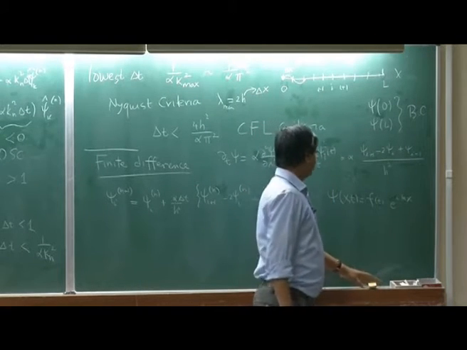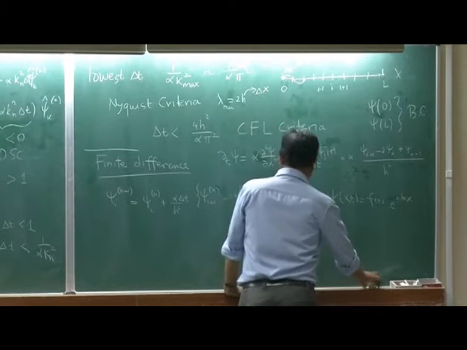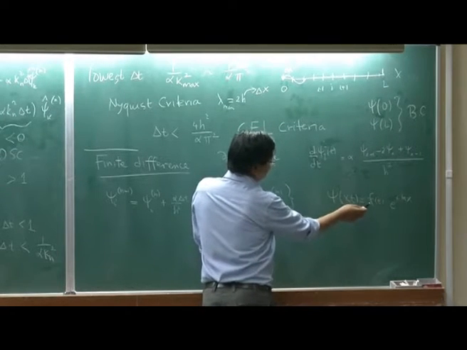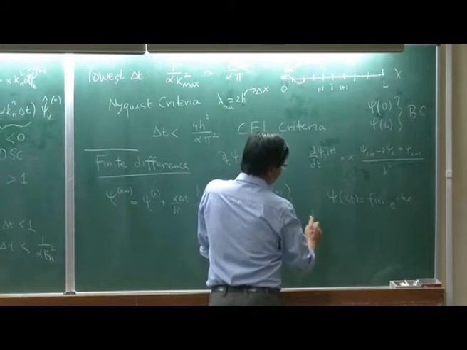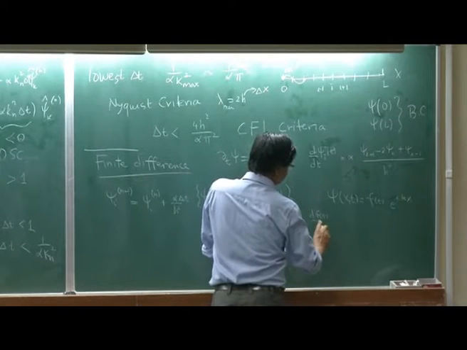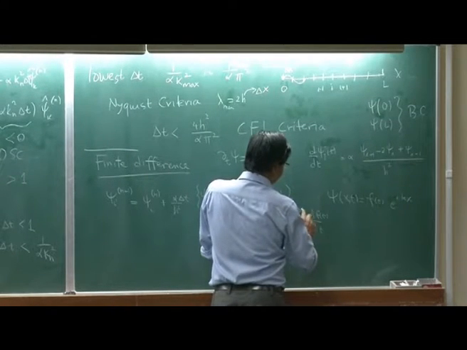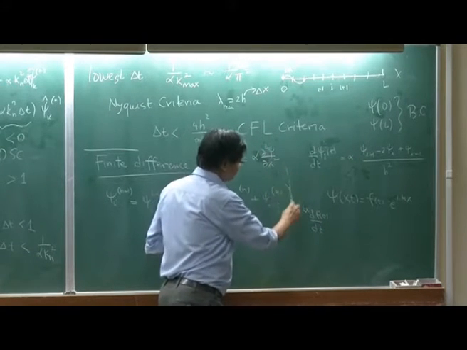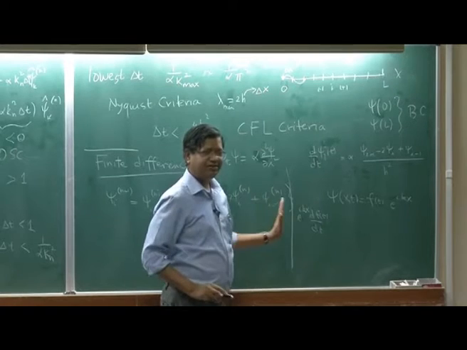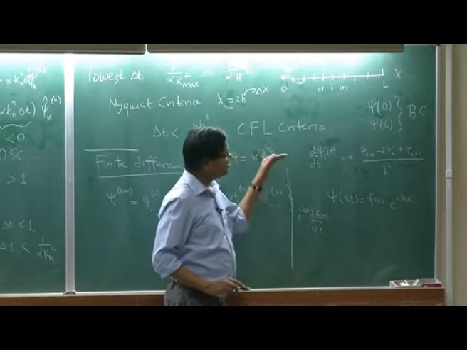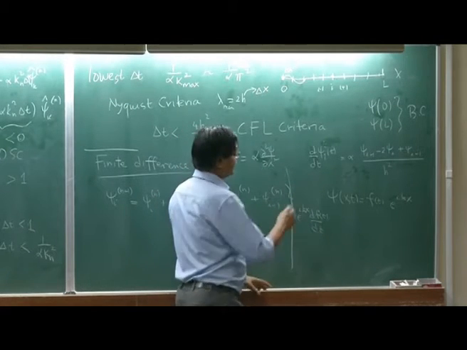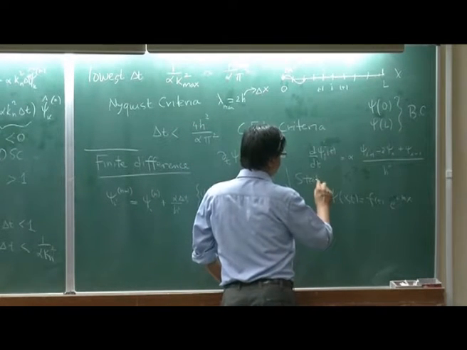I hope there is enough space. So let us just plug it in here. The time derivative will act only on f, so df by dt times e to the power i k x. By the way, this is a general technique: for stability in finite difference schemes, this is what we try. I am trying to check the stability.